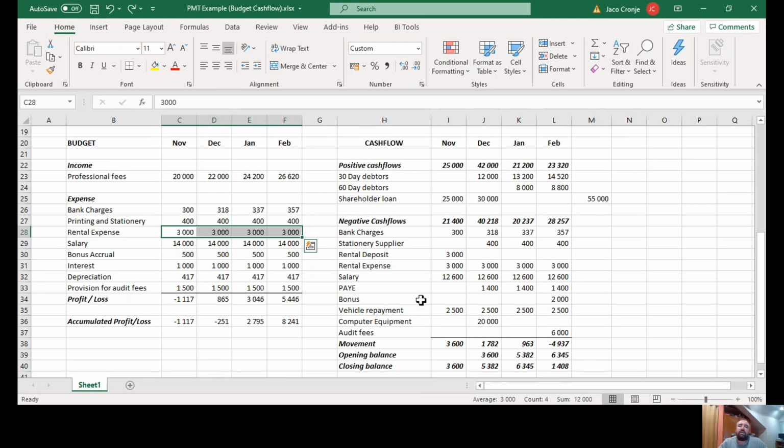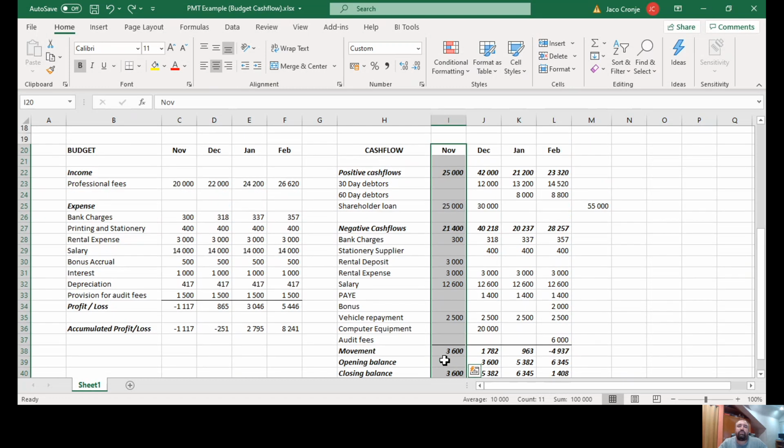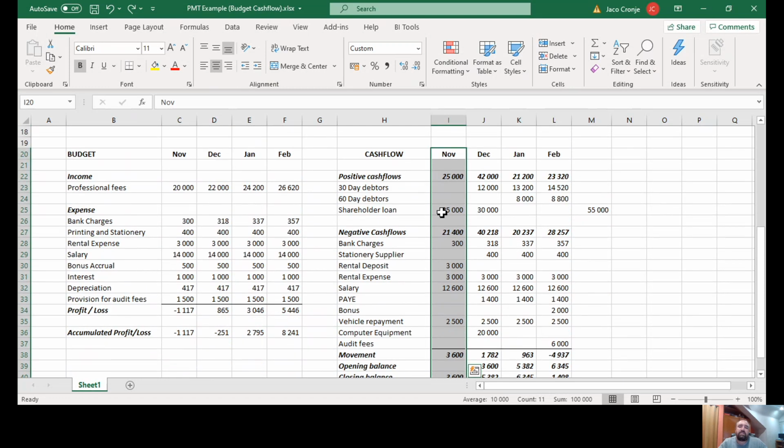And then once you've done that, the moment November has passed, you must go and do your actual accounts for November and your actual cash flow for November and match that up to your projections to see whether you are over or under. And then if you're over, you can adjust your December, Jan, and Feb fees, or your budget and cash flow for December, Jan, and Feb.